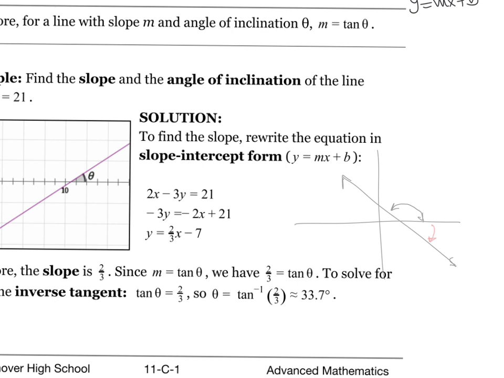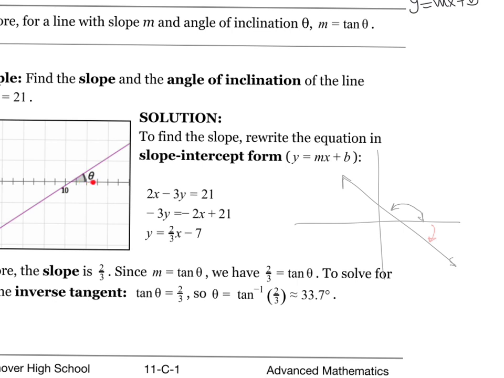In every case, no matter what your line is, unless it's a horizontal line, which would be an angle of 0, you can always find this positive angle. Just remember that your calculator will give you, in this case, a negative angle. And in this case on the left, because the slope is positive, the inverse tangent will give you a positive angle.